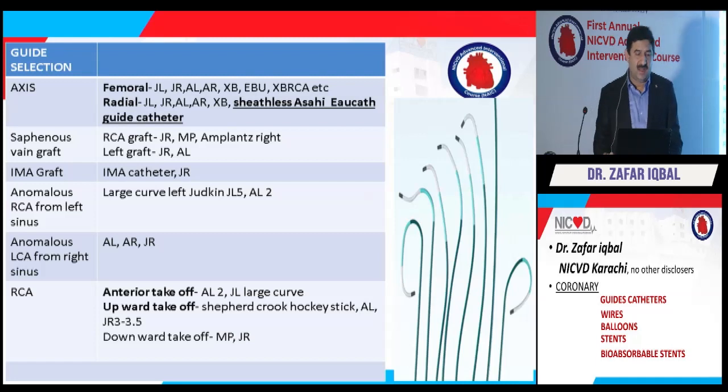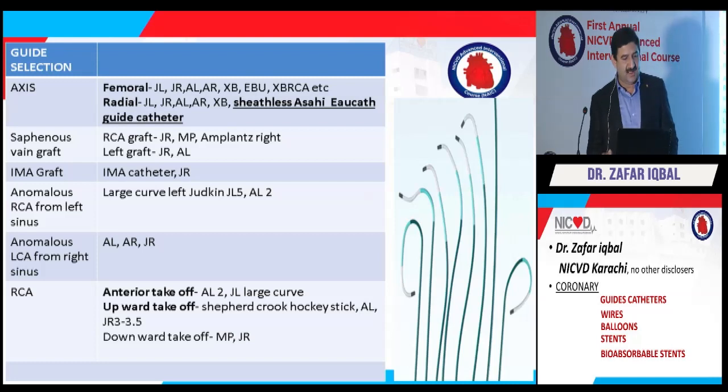the size. As far as the grafts are concerned, whether arterial or venous grafts, they are mainly dealt with by JR and multi-purpose catheter. Sometimes an implant catheter is also needed.